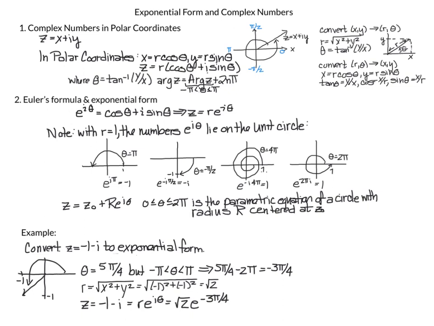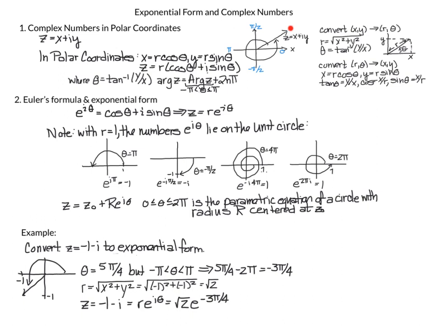Let's review what we have covered, and then I will have 2 more problems for you to try. The first thing we did is we represented complex numbers using polar coordinates. We can write complex numbers as x plus iy, which we can put in a rectangular coordinate plane. If this is our vector representing the point x, y, we go out along the x-axis x units and along the y-axis y units, and then we have our point representation.